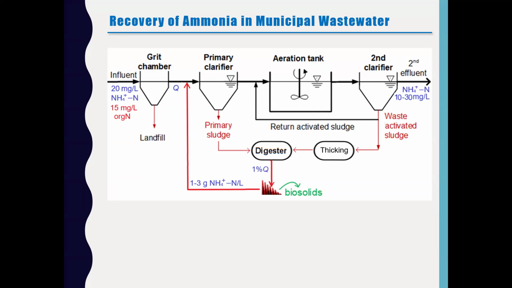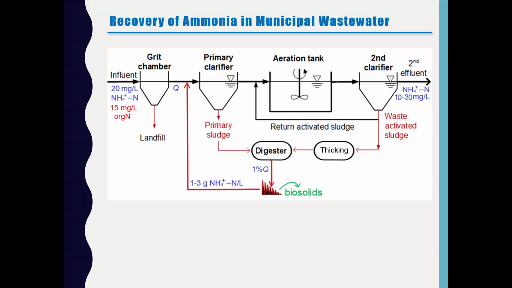And ammonia in the separated liquid can be very high compared to the influent at 20 milligrams per liter; here it is raised to usually more than 800 milligrams per liter. So this sludge side stream contributes more than 50% of the nitrogen loading to the mainstream.